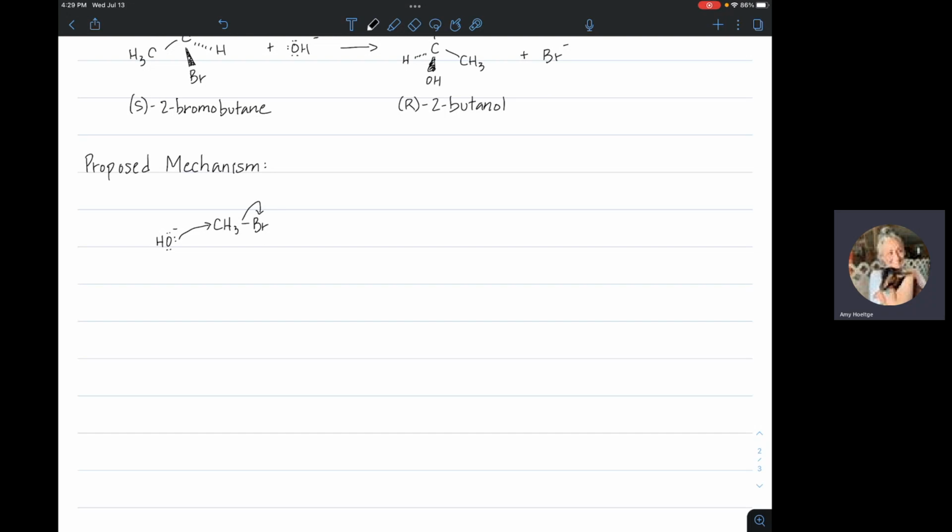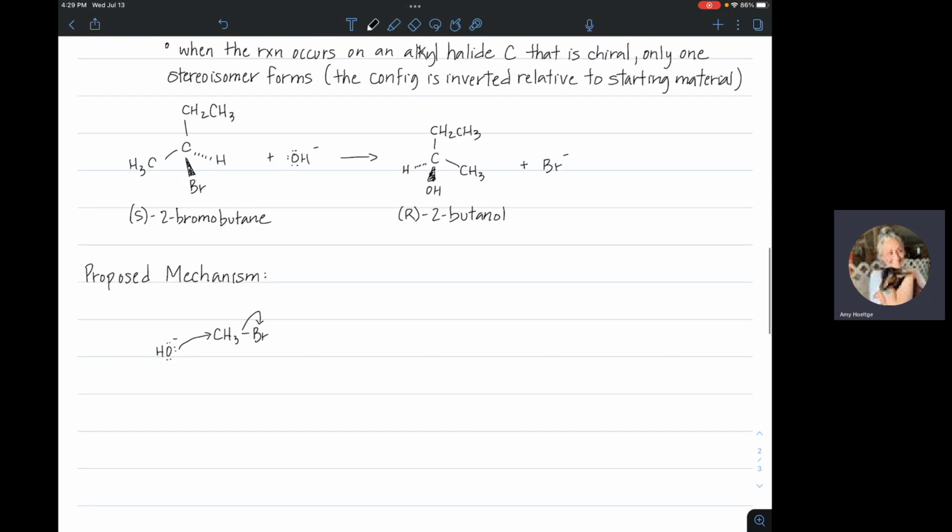Because we only have 2 reactants, and the concentration of both are taking part in the rate determining step, we say this happens in a concerted fashion. It's a one-step process. These are the only 2 ingredients we have in the pot, and both of their concentrations matter in the rate determining step. So we say this is a one-step process. It involves everybody in the flask, right?